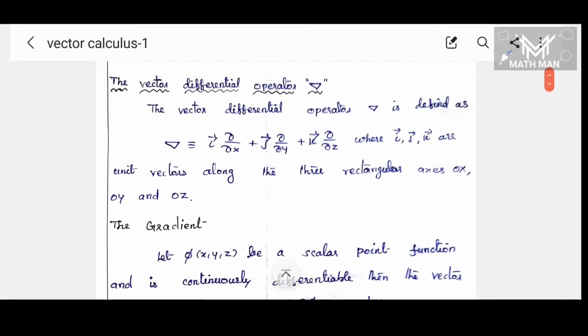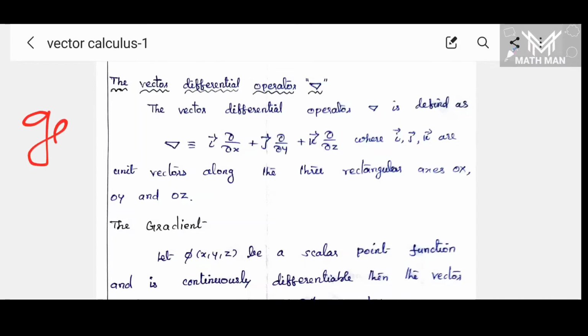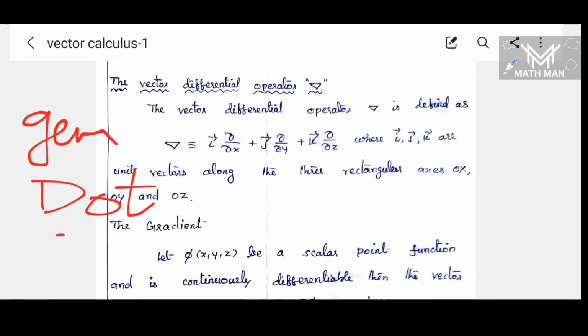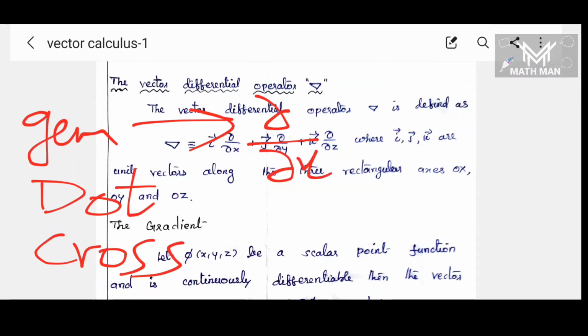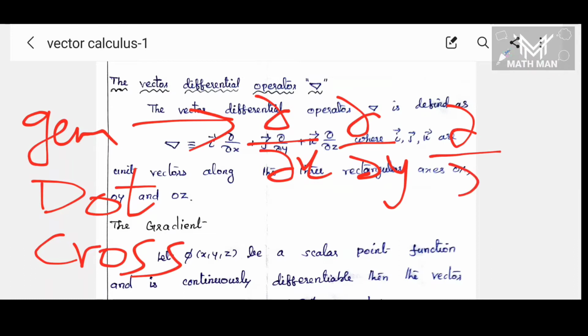Before going to gradient, let us discuss vector calculus. Actually, in vectors we have three types, which we have learned in class 10 and 12. One is the general method, the second is the dot product, and the third is the cross product. The general method, which we do in this chapter, is dou by dou x, dou by dou y, dou by dou z plus i cap, j cap, something.